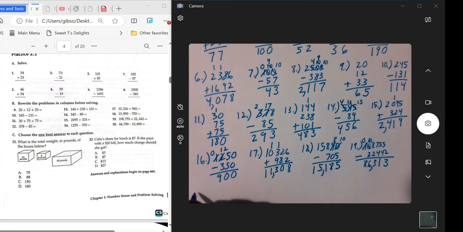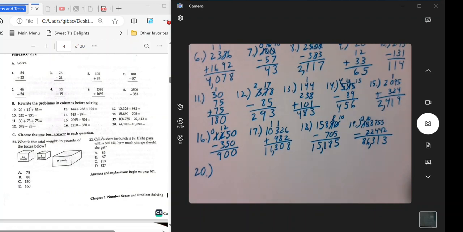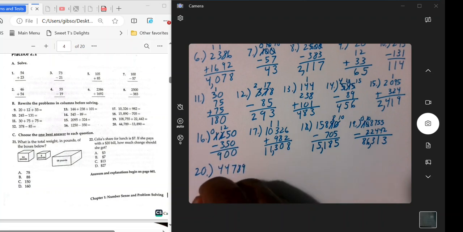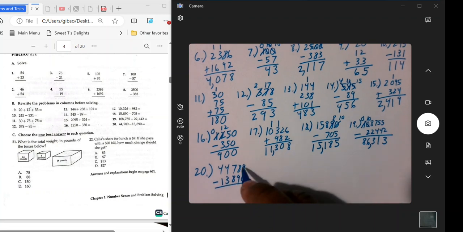Now we come here to problem 20. Problem 20, we have a 5-digit number, which is 44,789, minus another 5-digit number, which is 13,890. So 9 minus 0 is 9.